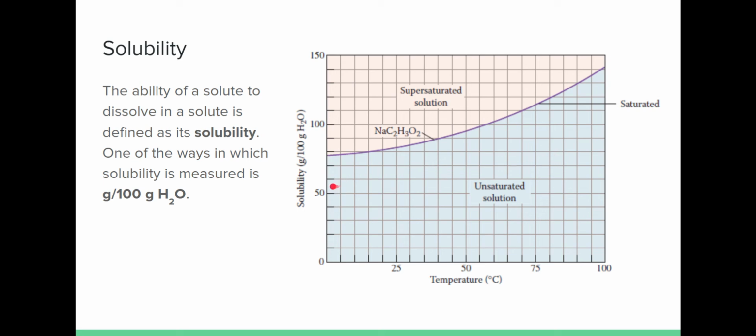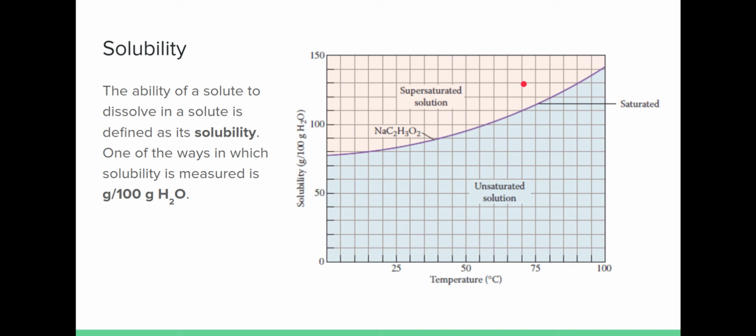Any amount of that solute that is below that line is considered to be unsaturated, which means that if a compound is approximately here on the graph, we can still add more of the solute until we get to that maximum saturated level. Now, can we exceed that? Certainly. Sometimes we're able to heat up a solution to a very high temperature, let it cool, and some of the ions will stay suspended in the solvent more than should be dissolved at that temperature.